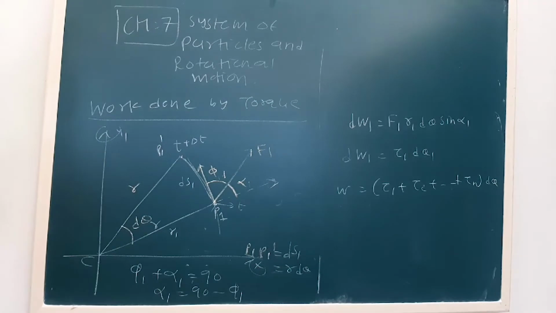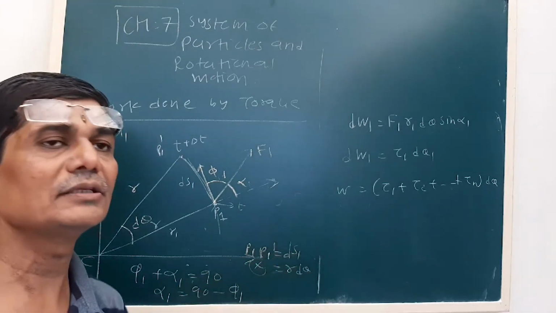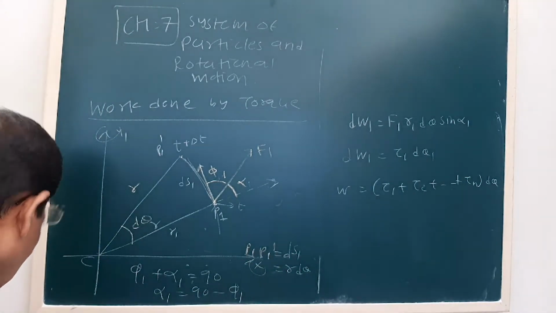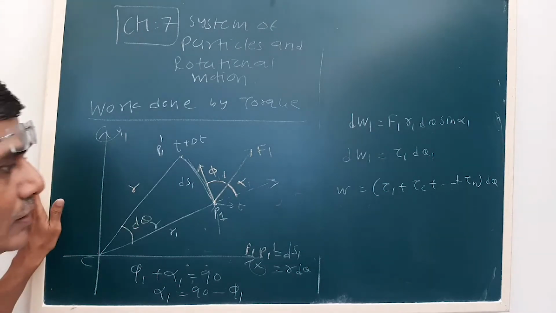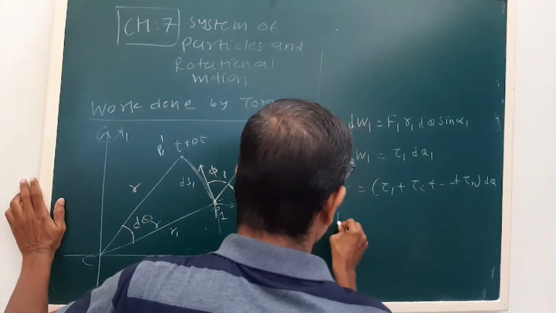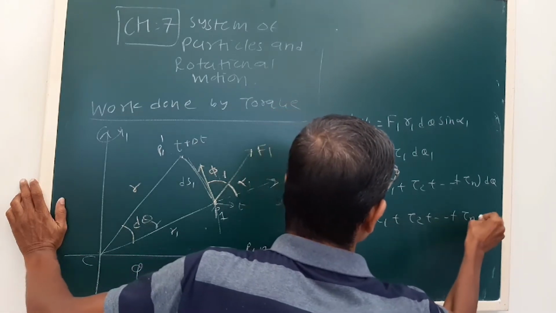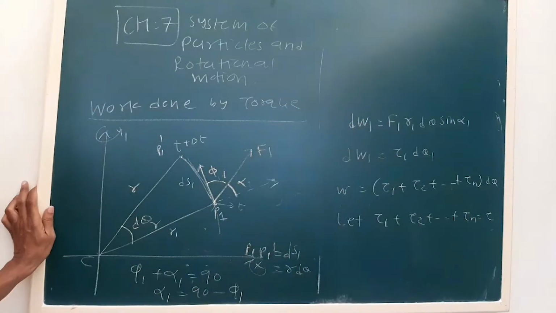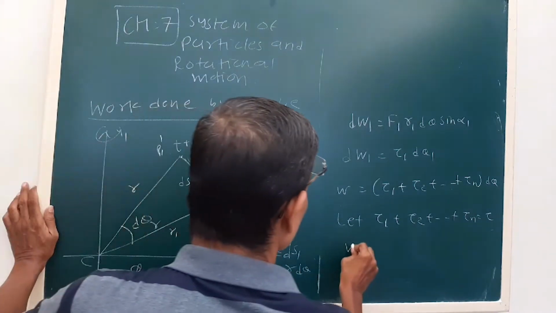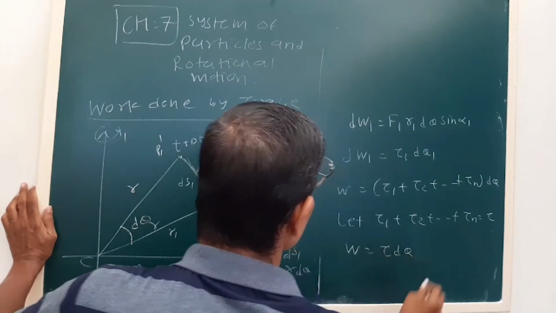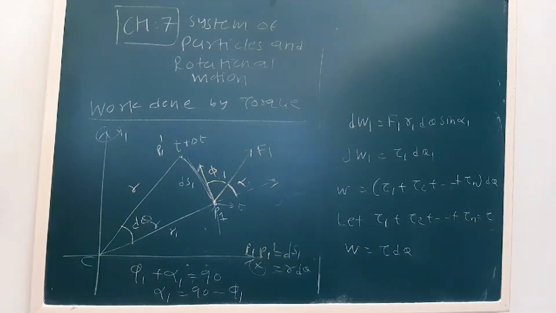This is the generalized formula. Torque is a vector quantity, so let T1 plus T2 be the resultant torque, then W is equal to torque into d theta. This is how we obtain the equation of work done due to torque.